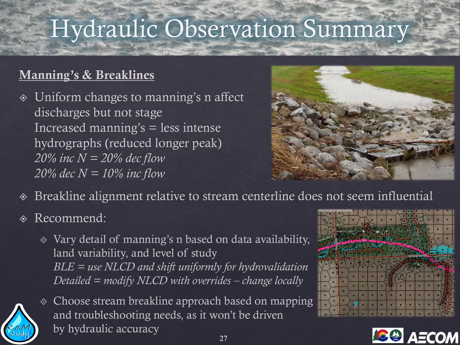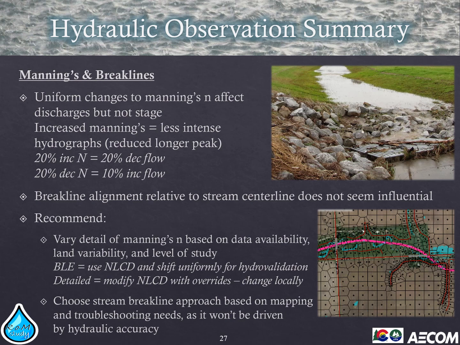So what we'd recommend is varying the detail of Manning's N based on the data that's available to make those decisions, based also on how much the land use varies, and then also based on the level of study. So in a typical BLE, we're comfortable just using the National Land Cover Database and shifting the moderate values uniformly, up by 5% or down by 5% as needed for matching flows as part of hydrovalidation.